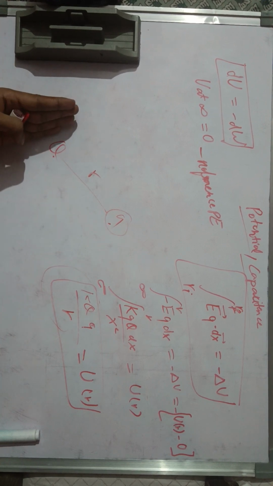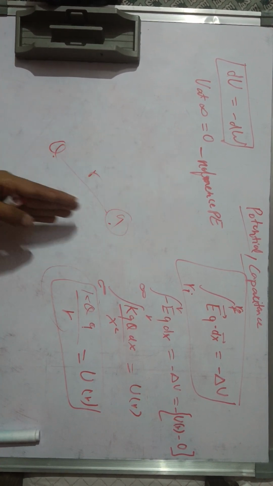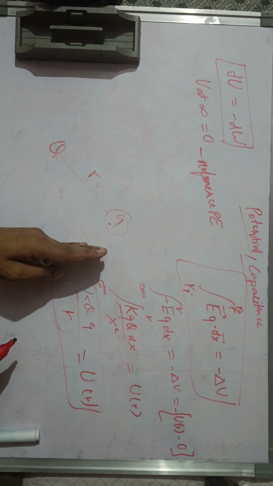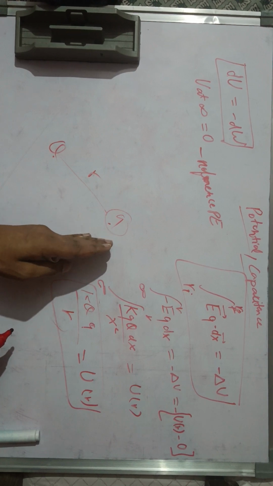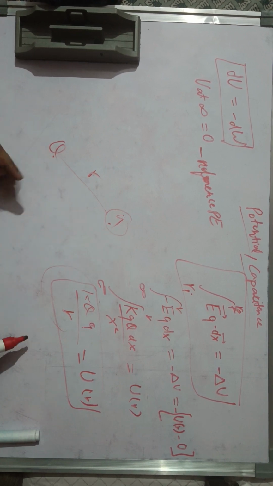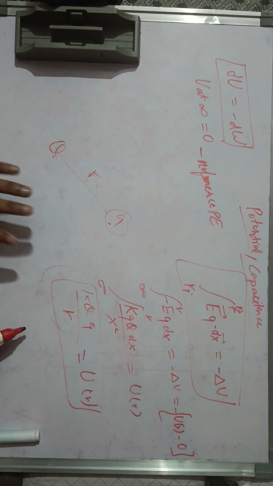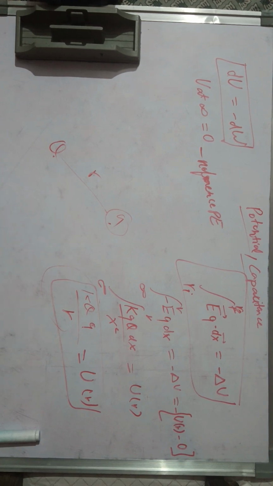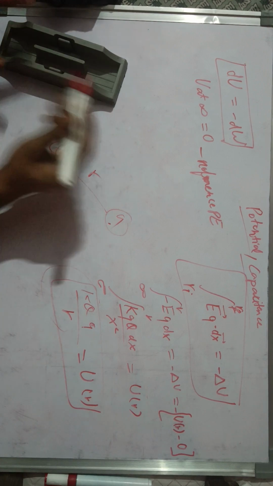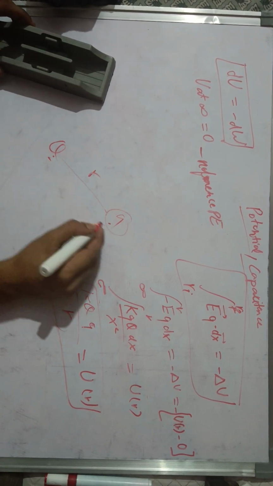We can say this charge has potential energy due to this charge's field, or we can say the other charge has potential energy due to this charge. In any way, both are equal.